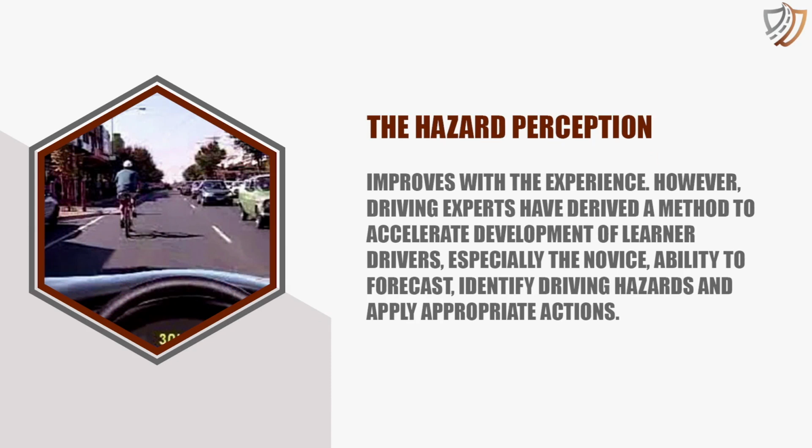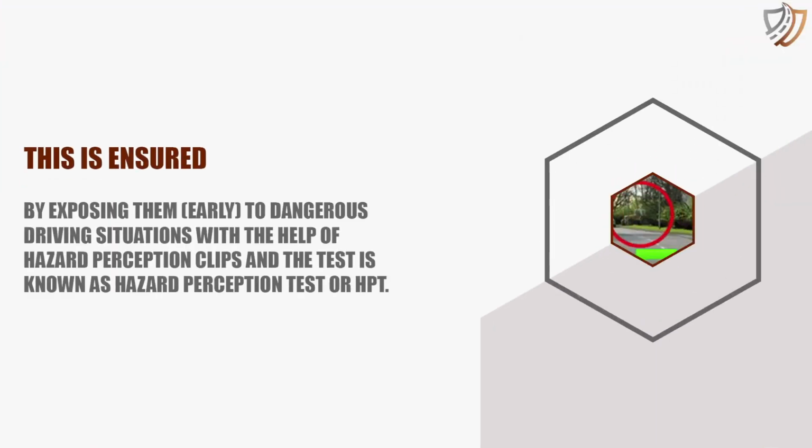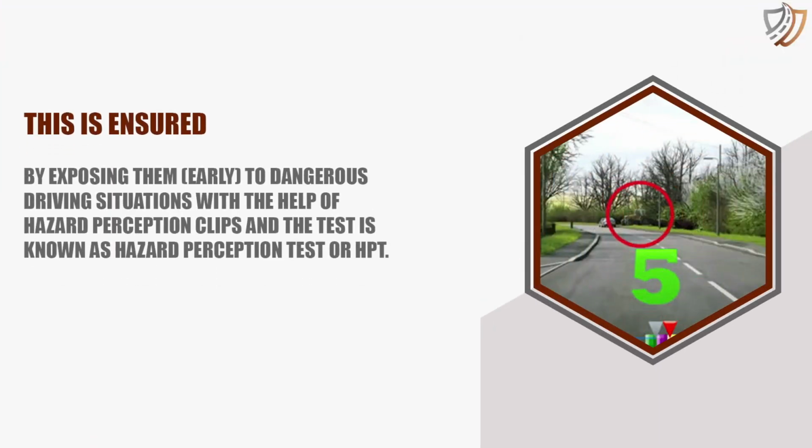However, driving experts have derived a method to accelerate development of learner drivers, especially the novice, ability to forecast, identify driving hazards, and apply appropriate actions. This is ensured by exposing them early to dangerous driving situations with the help of hazard perception clips, and the test is known as Hazard Perception Test, or HPT.